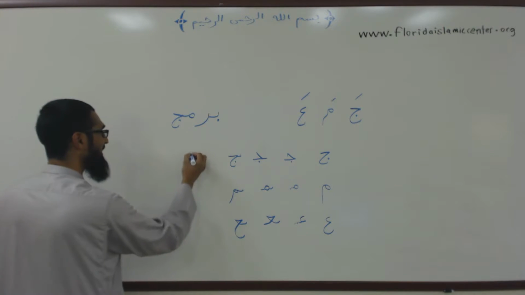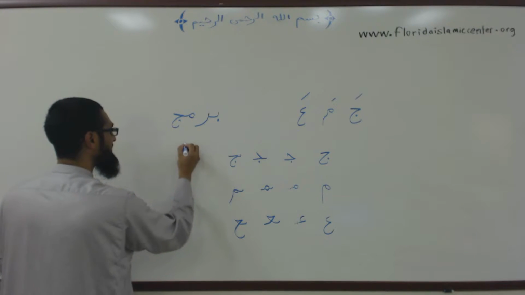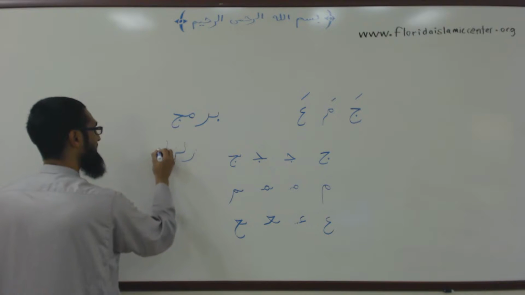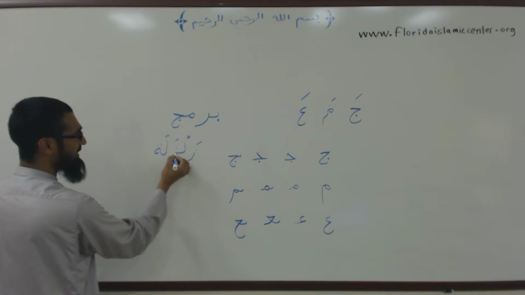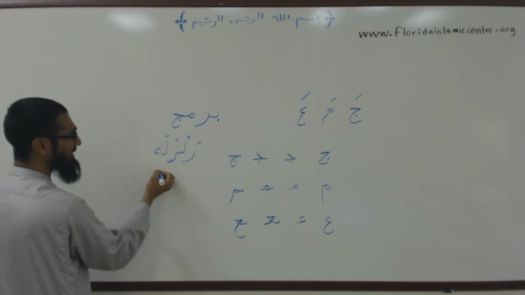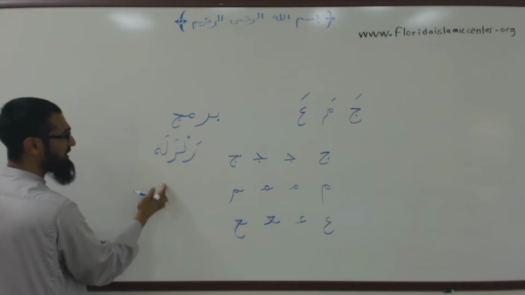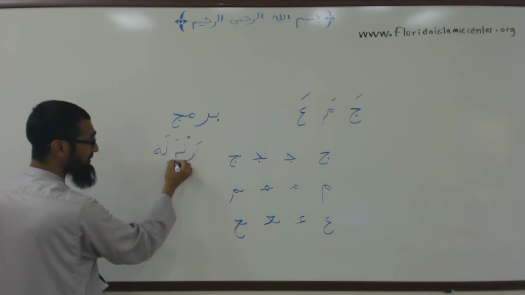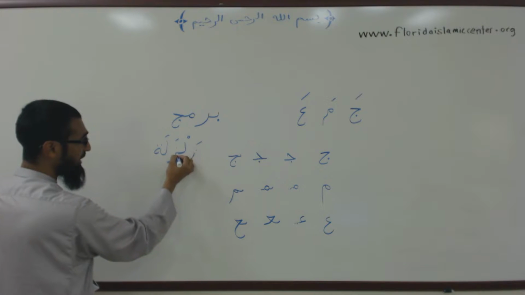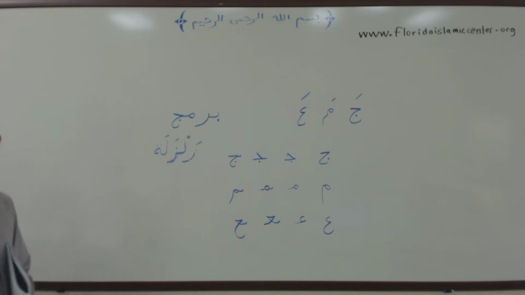Here's an example, that's a good example: Zalzala. Look at this Zai. Notice nothing connects to it. Even the first one doesn't connect to the lam. It has to be separated. But you can connect something to it from the right hand side of it, or to the beginning. The lam connects to the Zai. So that's the Ra and Zai.